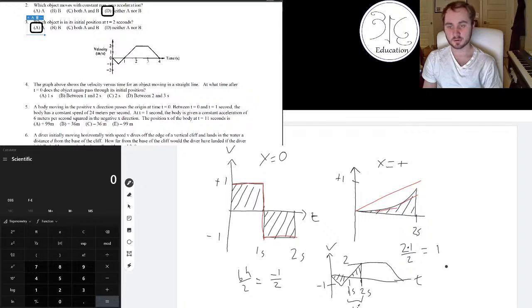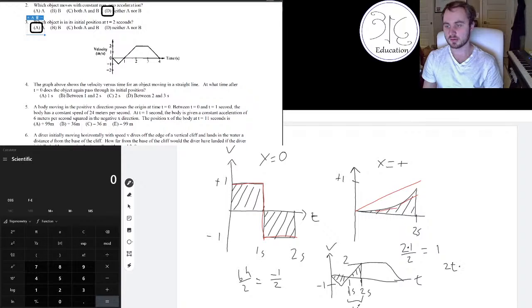So if we have our height, how do we want to do this? Our height is going to be 2t. If we look at this from 0 to 1 instead of 1 to 2, our height as a function of t is rising with a slope of 2.